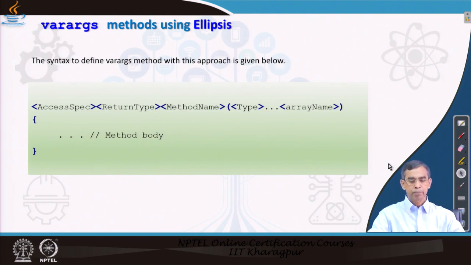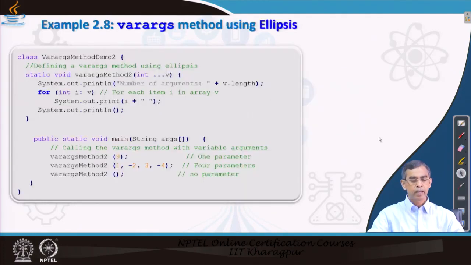So, this is an example that we can see. It is a similar way to the earlier one we have done, and this is the var arg method, where we have integer v.